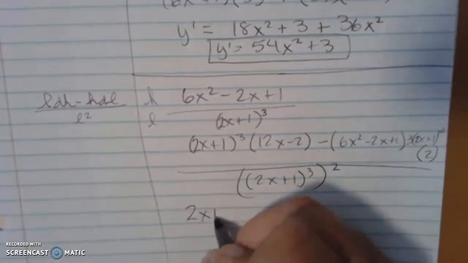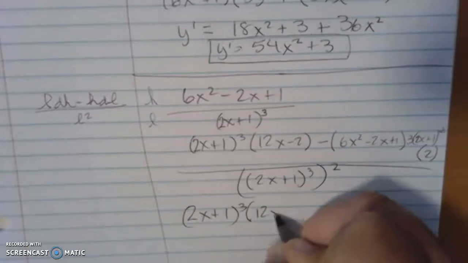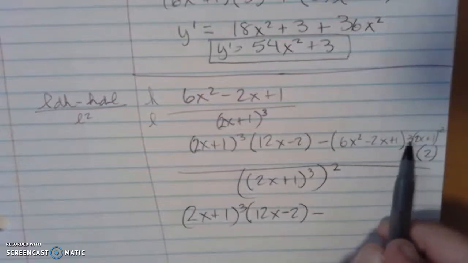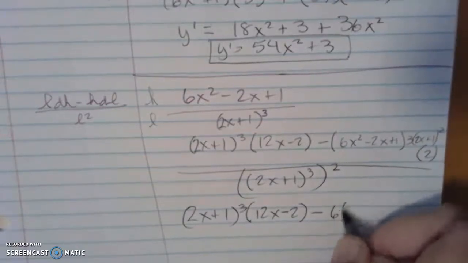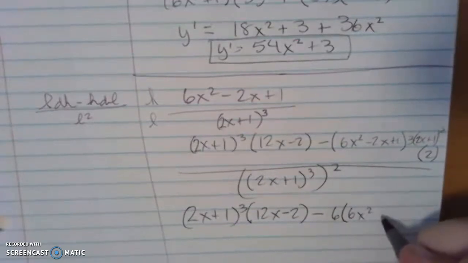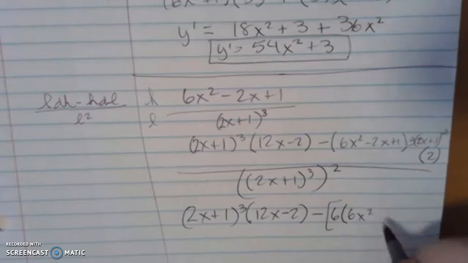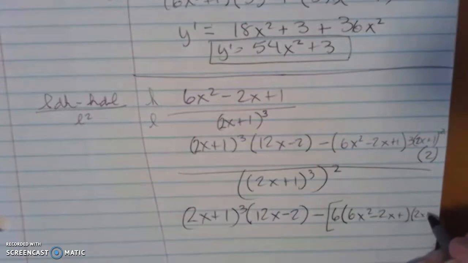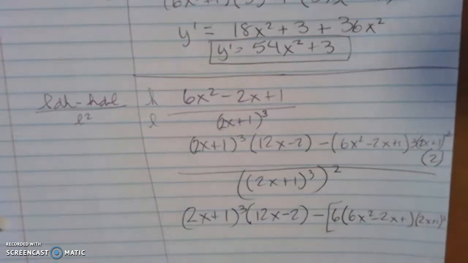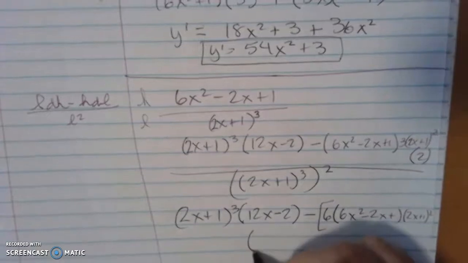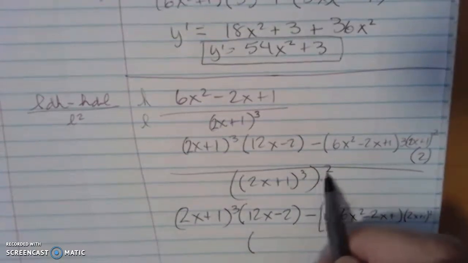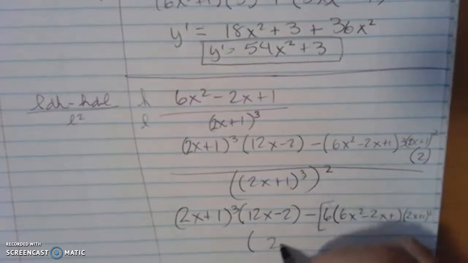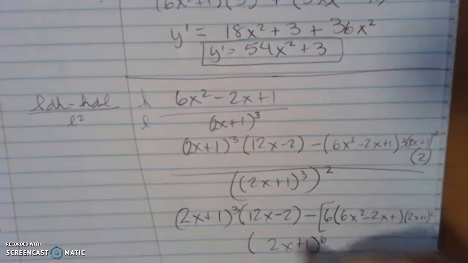I'm going to go 2x plus 1 to the 3rd times 12x minus 2, minus, now let's see, I have a 2 and a 3 here on the outside, so that's 6, 6 times 6x squared minus 2x plus 1 times 2x plus 1 squared, all over, now this power rule right here is going to become a 6, 3 times 2, so 2x plus 1 to the 6th.